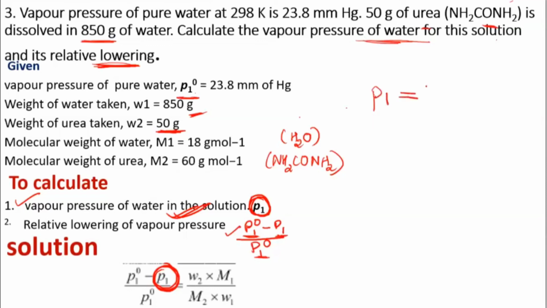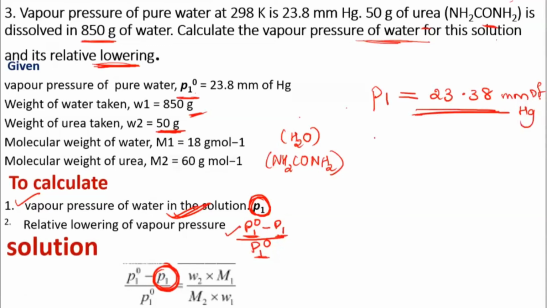P1, after calculation, you will get 23.38 and that should be with the unit, mm of Hg, given, so mm of Hg it will be. You see the unit what is given there. This answer everyone has got? Yeah, approximately 23.4. Okay, P1 you will get.